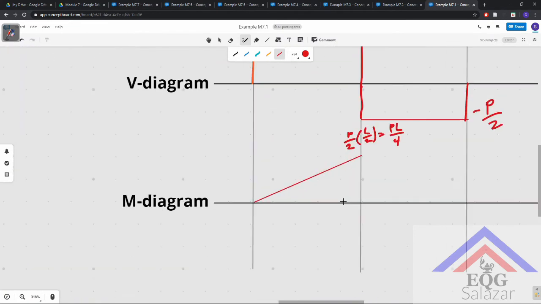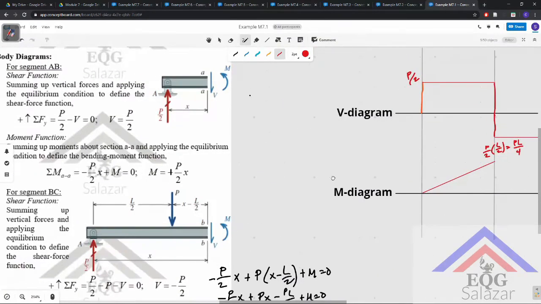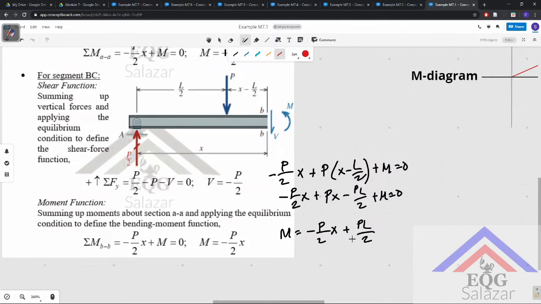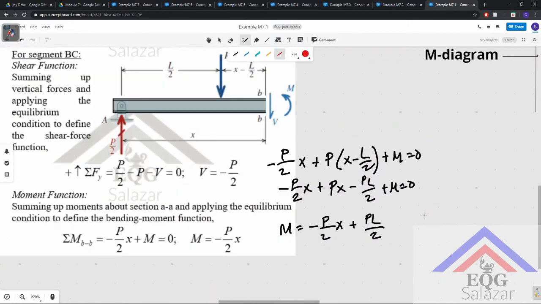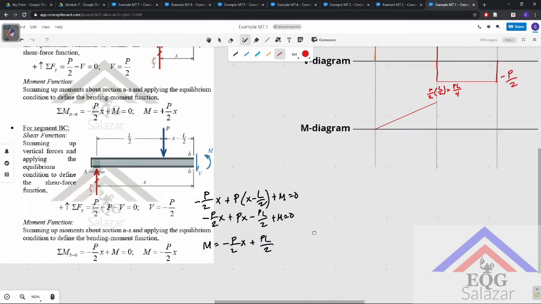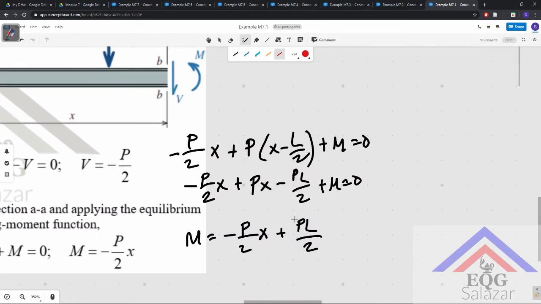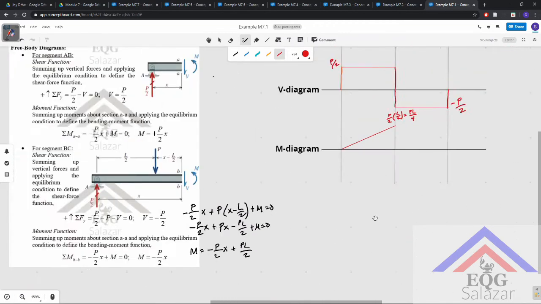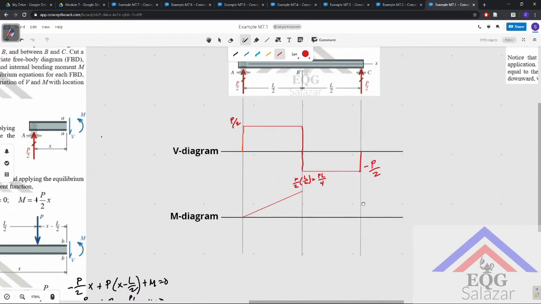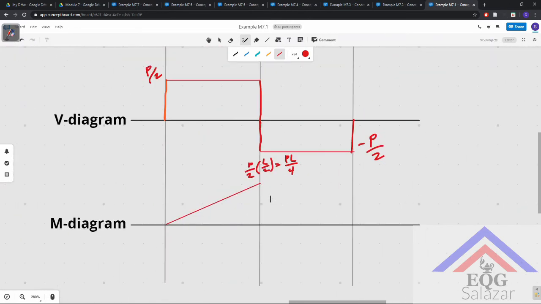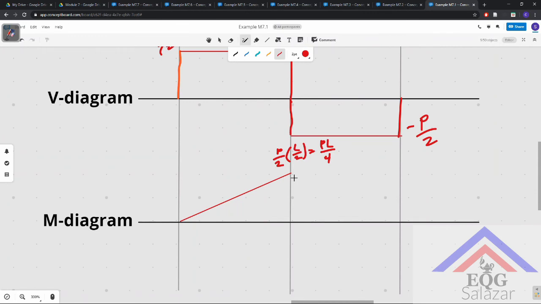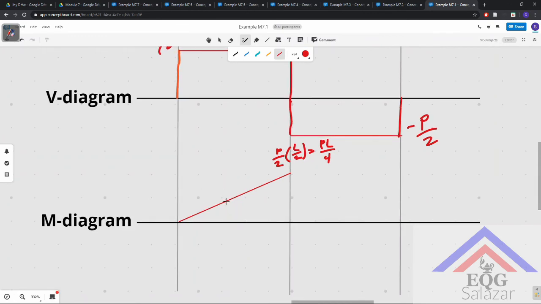So next, for the moment diagram, we have negative P over 2x plus PL over 2. So at this point, there's a discontinuity. So at this point here, we will check if the value is still the same at PL over 4.